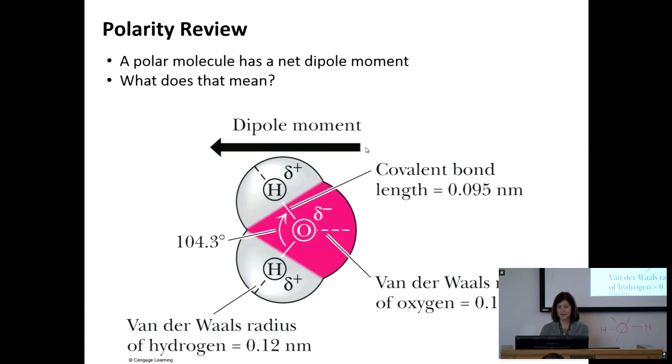So if you guys could correct that. When you are drawing your molecules and you want to show the dipole moment, because it's a vector quantity, and a vector has both direction and magnitude, the head of the arrow goes towards the negative side. So this one is opposite. And it's probably because the textbook was written by biologists and not chemists.